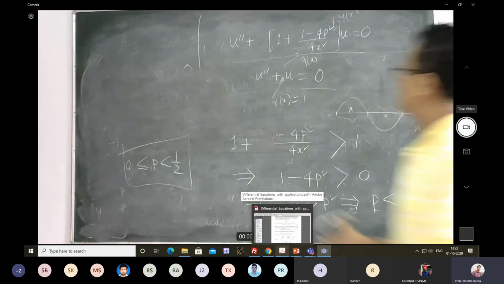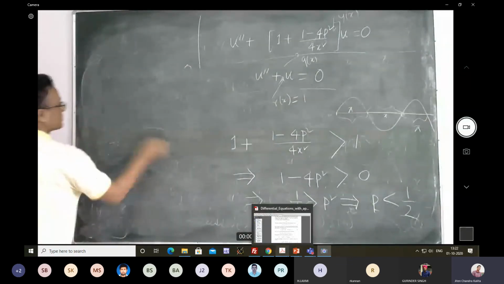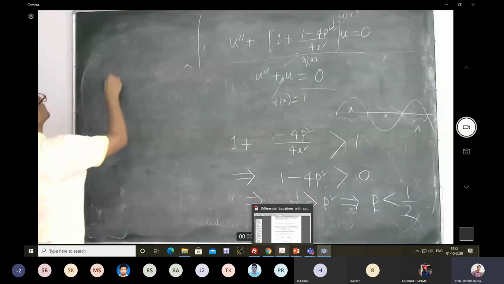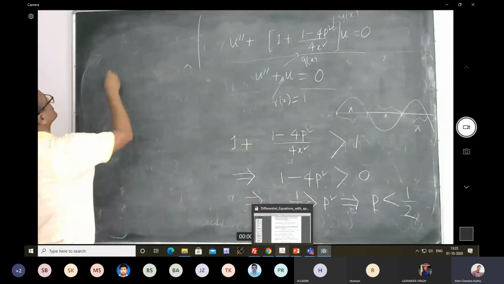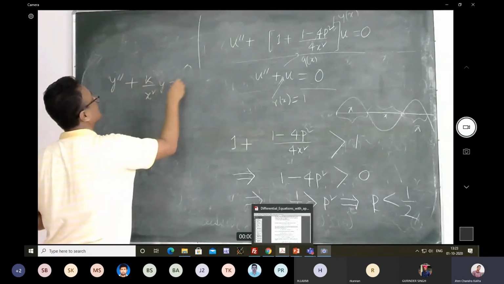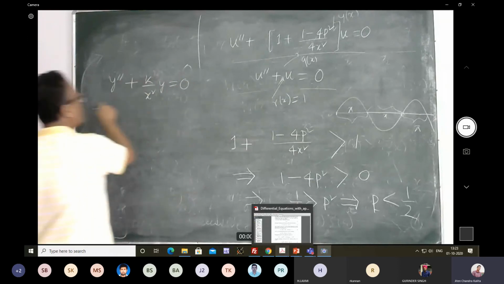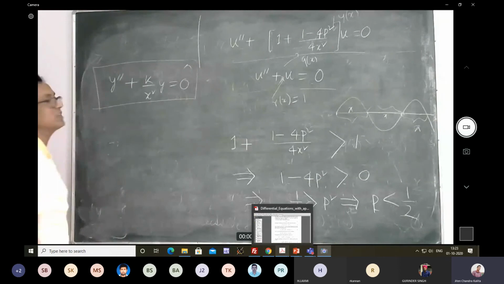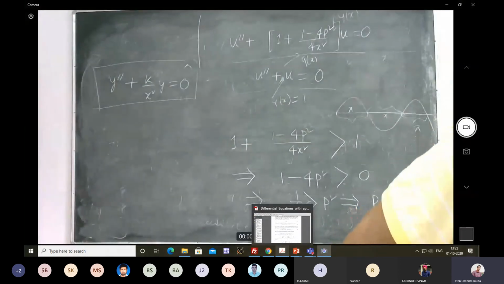So now I will just get back to this one. From this equation, can you comment upon the nature of the solutions?